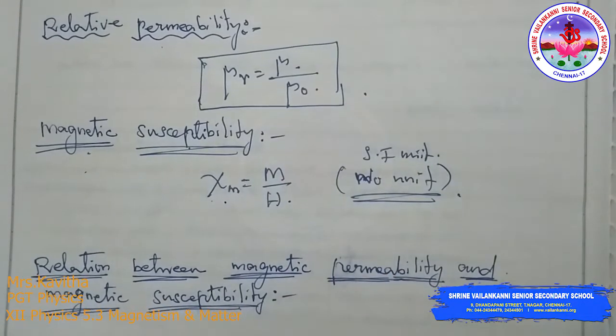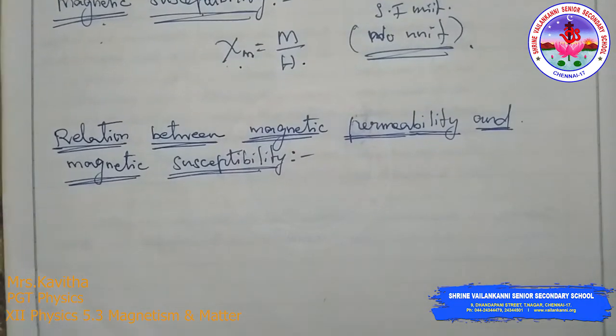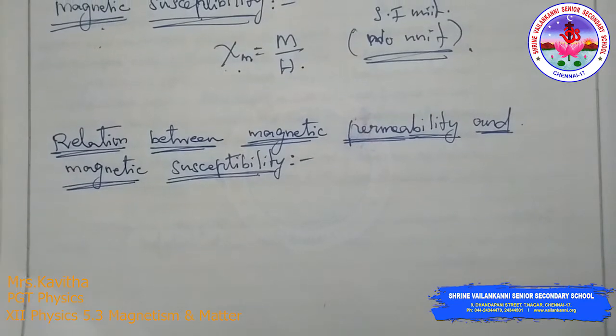Now we can see the relation between magnetic permeability and susceptibility, that means mu and chi.